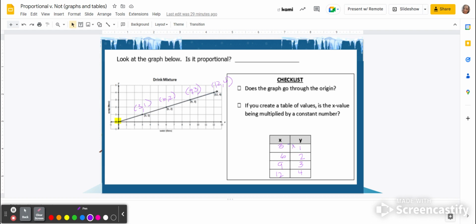Well, I multiply 1 times 3. 2 times 3, does that give me 6? Yes. 3 times 3, does that give me 9? Yes. And 4 times 3, does that give me 12? Yes. So is it being multiplied by the constant number? Yes. The other part of the checklist when doing a graph is, does the graph go through the origin? Here's my origin.